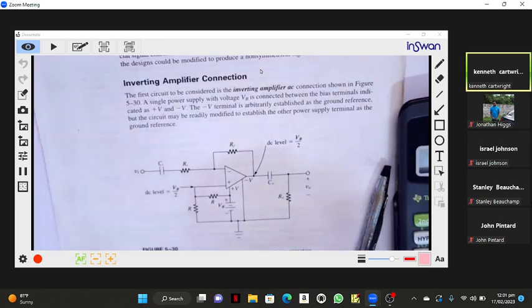But when we do that, normally we'd have 0 volts on the output, but that's only VB over 2, where VB is what we used to call VCC.